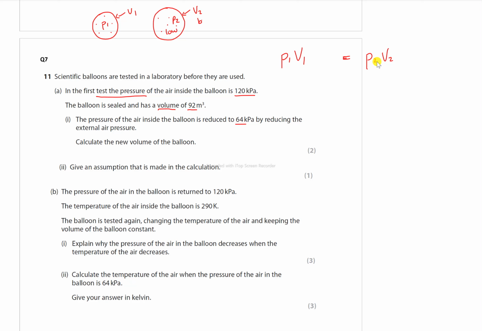When the volume is smaller, the pressure is going to be higher inside. So we're saying the pressure times the volume in this equals the pressure times the volume in that.